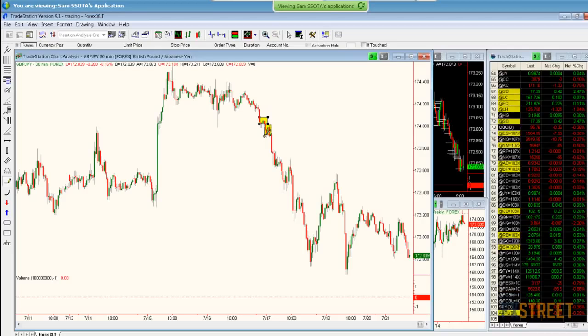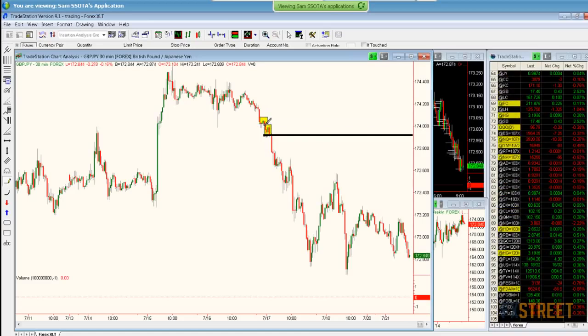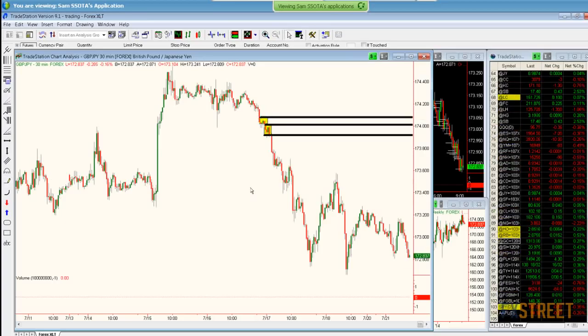That's what we're looking for. So we've got 2 levels up here. Again, this is not close to current price, so I'm not going to spend too much time here. So price got up just above the 173.80.